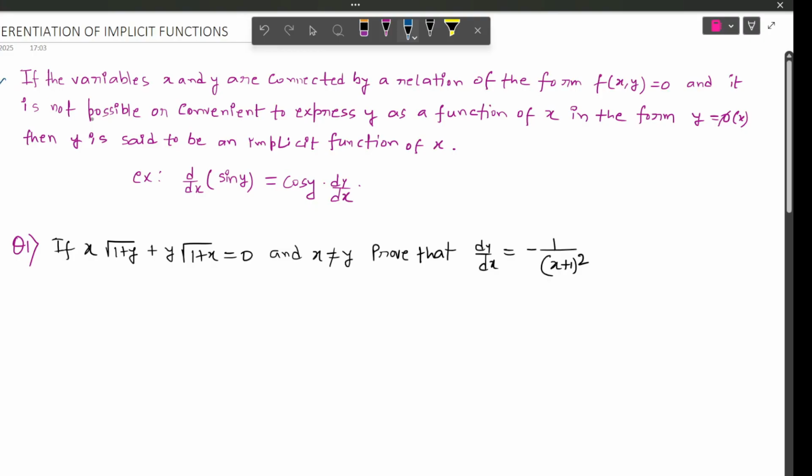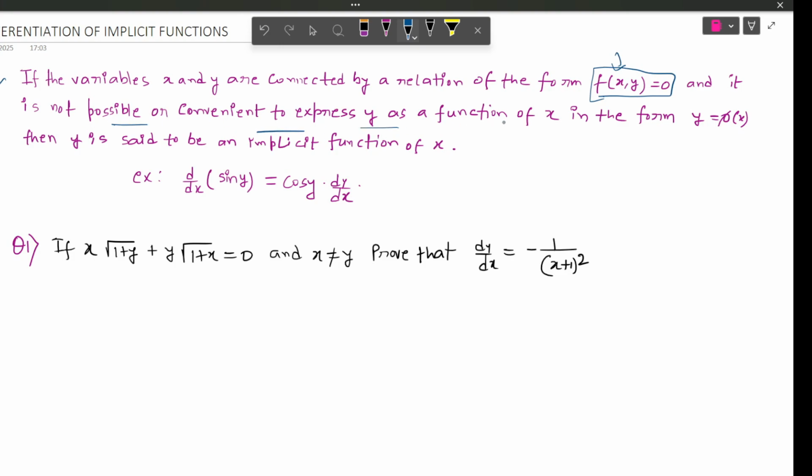If the variables x and y are connected by a relation of the form f of x, y equals 0, that means the function is a combination of x and y. And it is not possible or convenient to express y as a function of x in the form y equals phi of x, then y is said to be an implicit function of x.